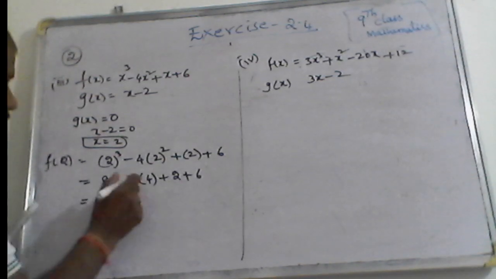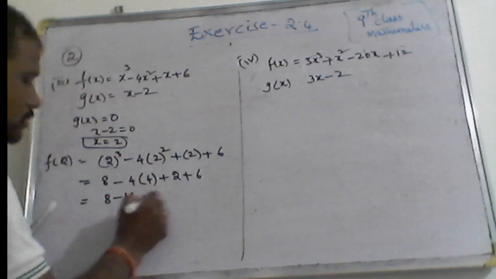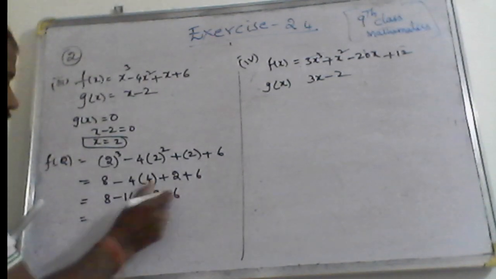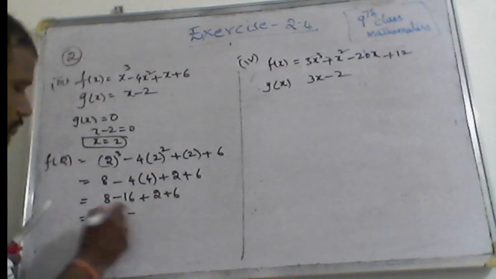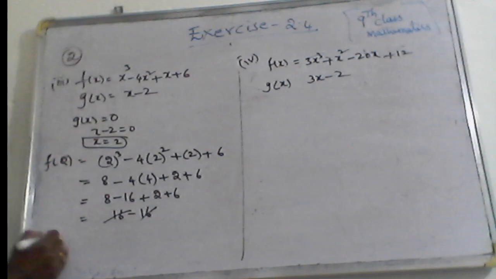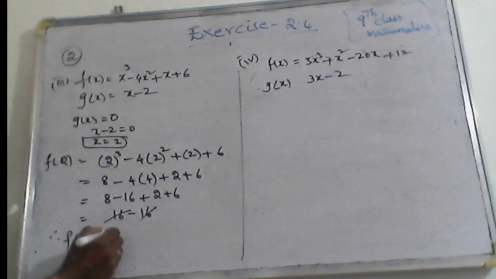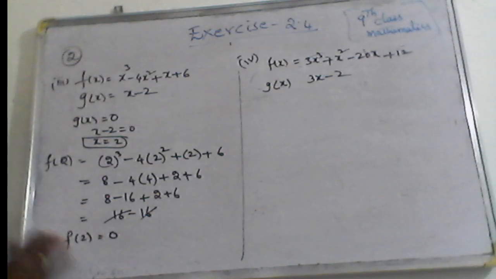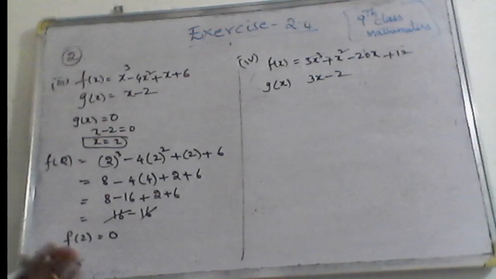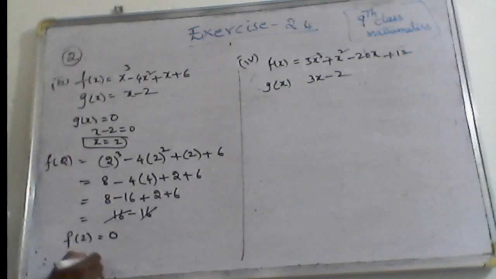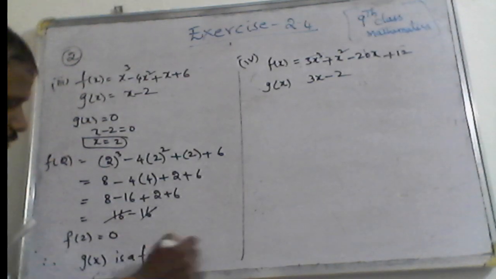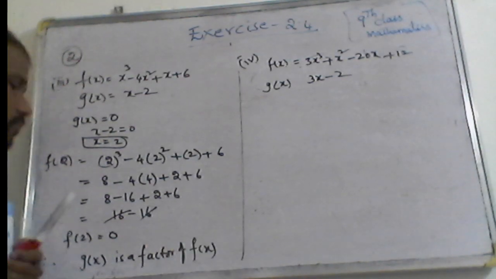So 8 minus 16 plus 2 plus 6. So 8 plus 2 is 10, 10 plus 6 is 16, and minus 16 get cancelled. Therefore f of 2 equal to 0. Therefore g of x is a factor of f of x.